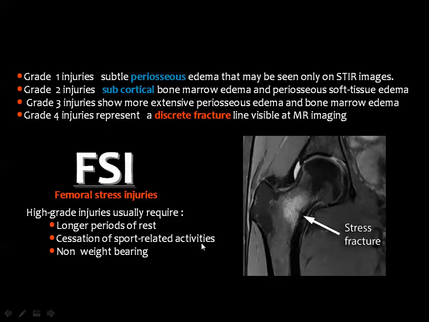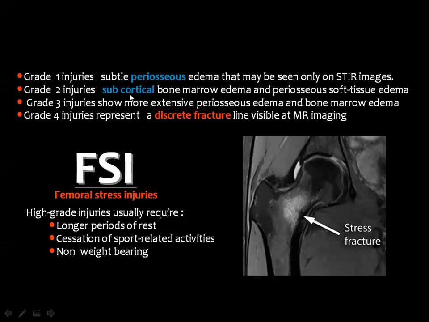And there is a grading for the stress fractures of the femoral neck. They include the grade 1 injury where you got minimal periosseous edema, which of course is best seen on STIR images.